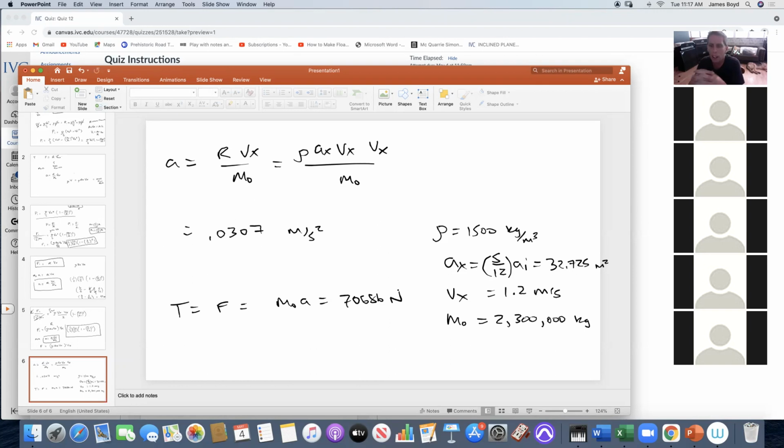They actually generate a lot more thrust, but in this kind of ad hoc thrown together example, that's what you get. You get a very low acceleration, and you get thrust of about 70 kilonewtons.